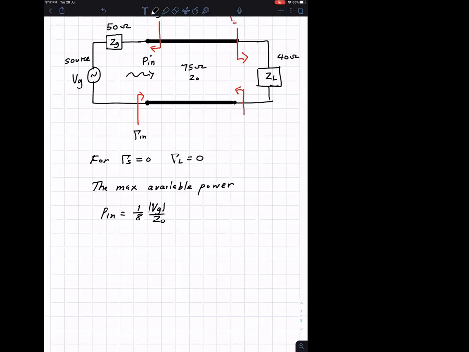If it's lossless, Z0, the line impedance is also the source impedance, correct? I mean, not lossless, properly matched. Maximum available power. Sorry, I shouldn't have mentioned this. Sorry.